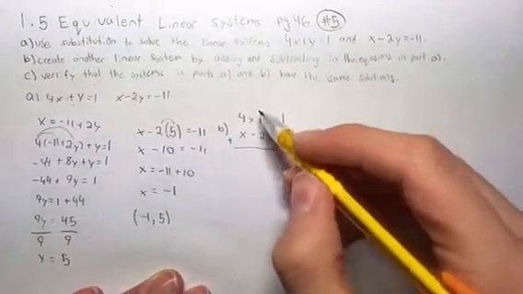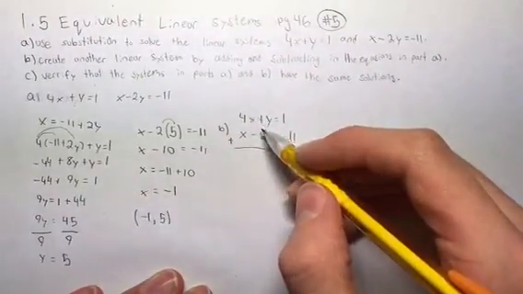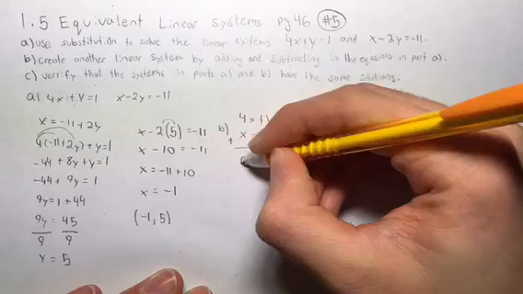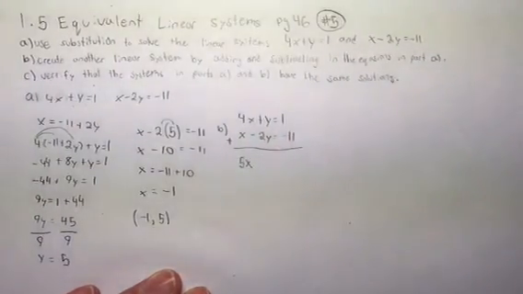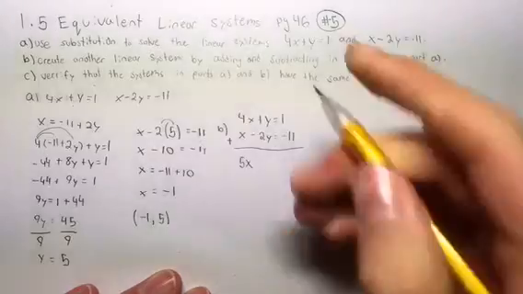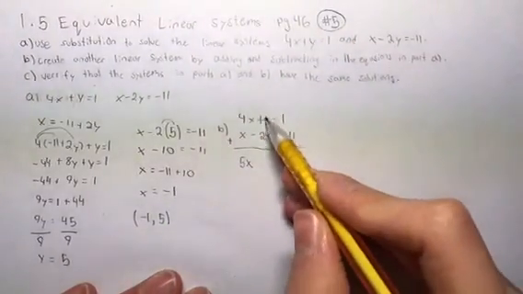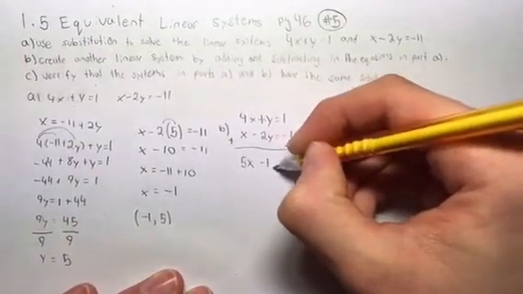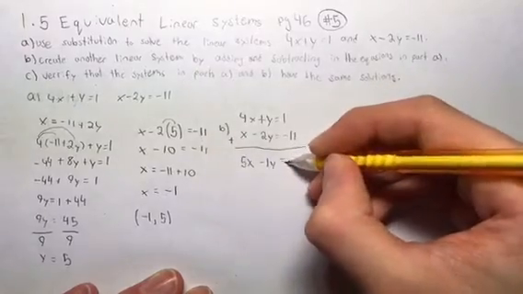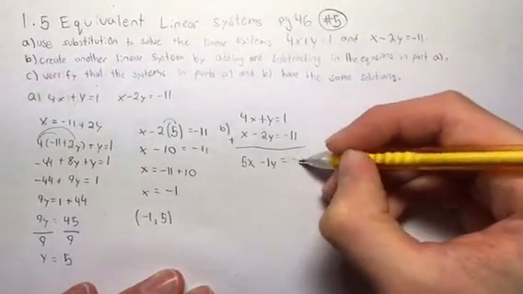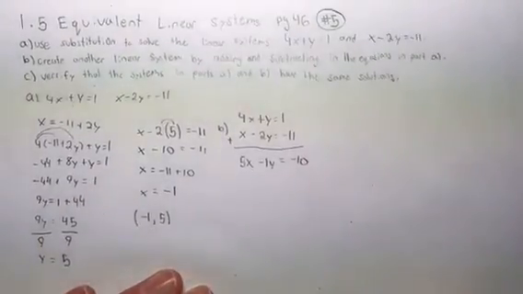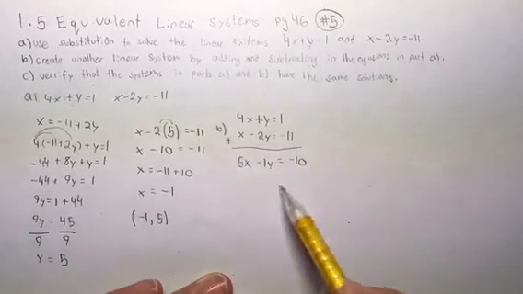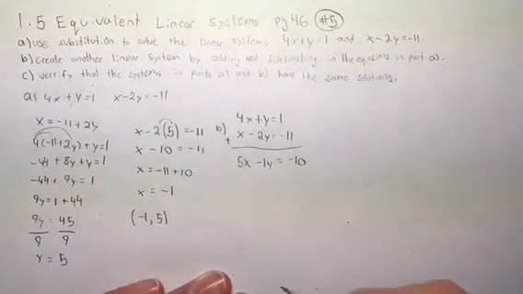So 4x plus x is 5x. And then 1y plus negative 2y equals negative 1y. And then 1 plus negative 11 equals negative 10. Okay, so that's our linear equation. So this is our new linear equation by adding. And now we'll just do it again by subtracting.